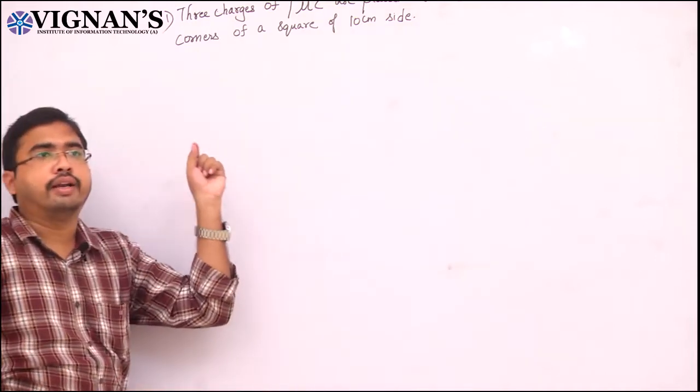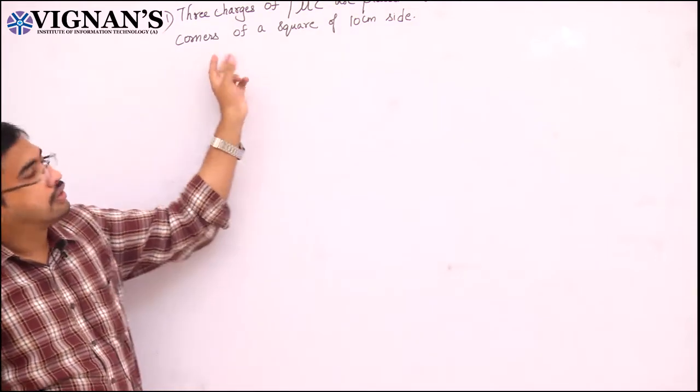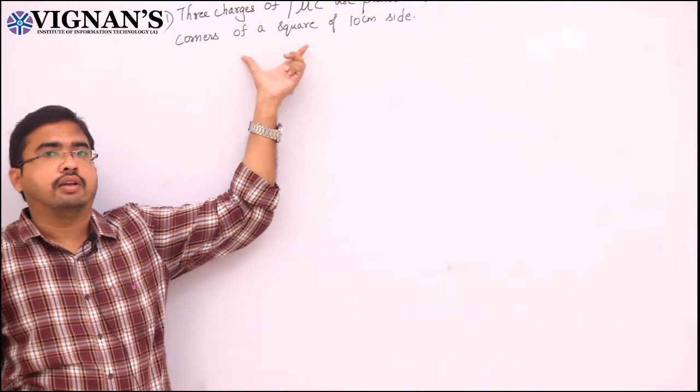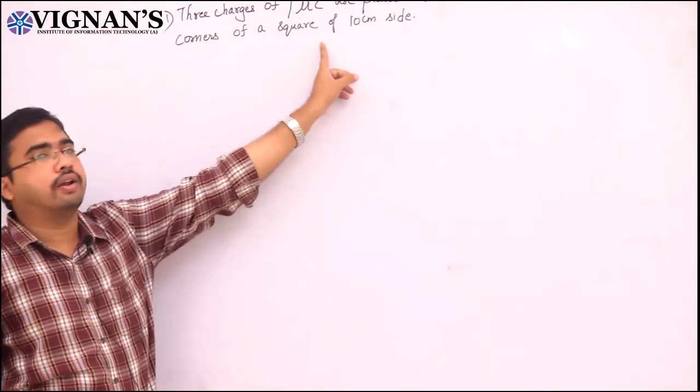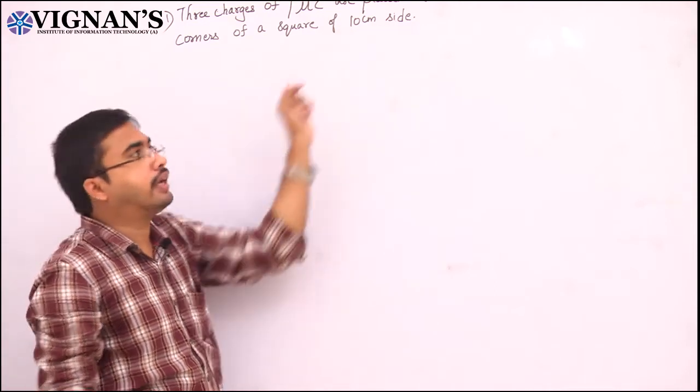Okay, 3 point charges of 1 microcoulomb are placed at the corners of a square of 10 centimeters side.